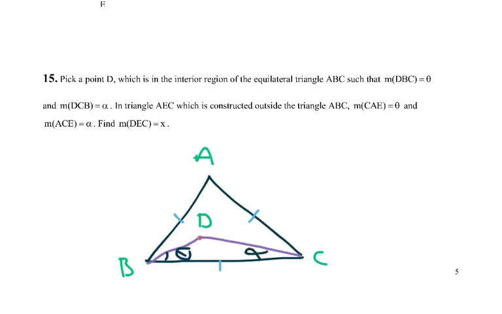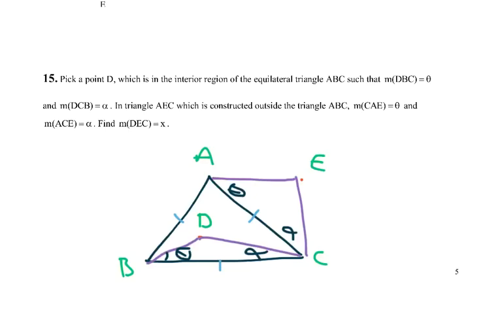Then in triangle AEC, which is outside, let's draw that, okay, AEC. There we go. CAE is alpha and ACE is, sorry, I said theta before, this one's alpha.